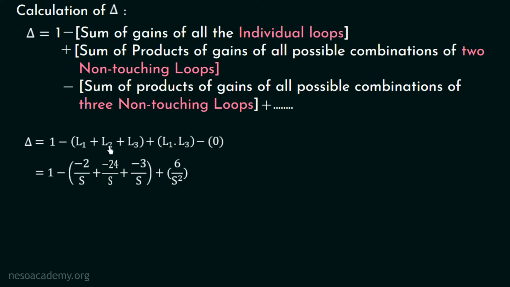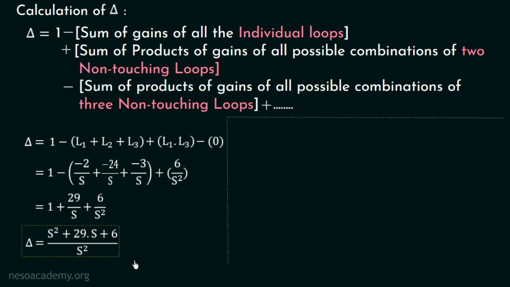If we solve this, we will have delta equal to 1 plus 29 over s plus 6 over s squared. If we take the LCM, we will have the determinant of SFG, delta, equal to s squared plus 29 multiplied with s plus 6, over s squared. So now we are done with the calculation of determinant of this signal flow graph.